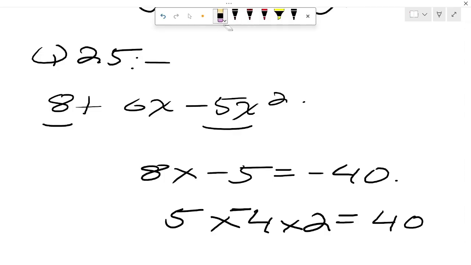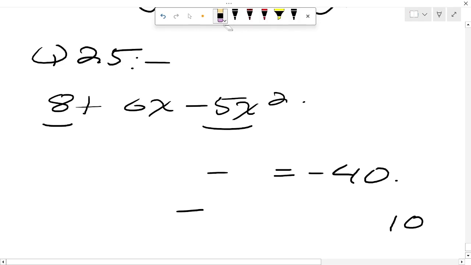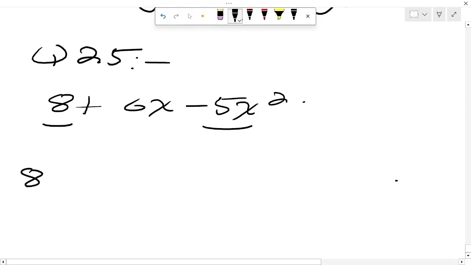So now what we're going to do, we're going to apply these factors into our quadratic expression. Okay, so we're going to write 8 first here. Then I'm going to write plus 10x, because 5 plus 4 is 9, so 10.